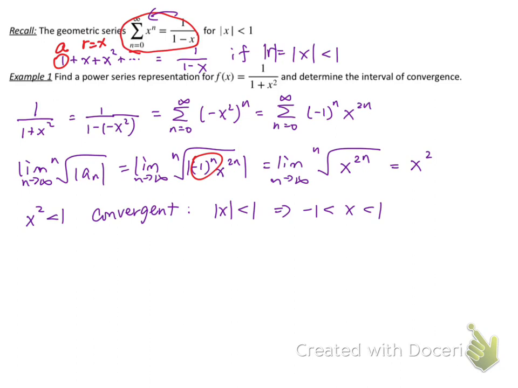Or you can also do the factoring as a quadratic function, that's also okay. But anyway, convergent when x is between -1 and 1. Then on the boundary, when x equals -1 or 1, x squared is 1.